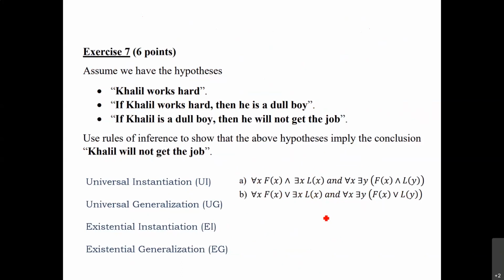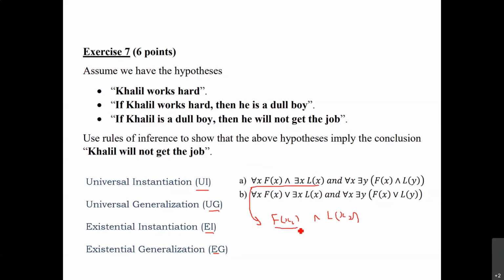So when we were solving, what problem was this? When we were solving this problem, we were using UI, UG, EI, EG. We were either using all of them or some of them. Like when we say this step gets me this. So for every x, F of x, we said F of x1, and we said L of x2.